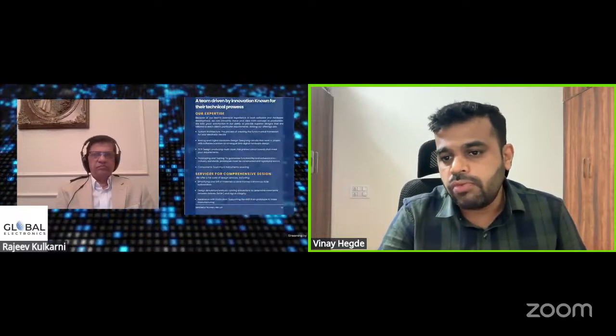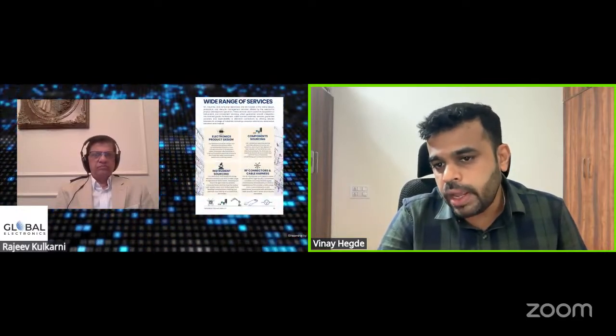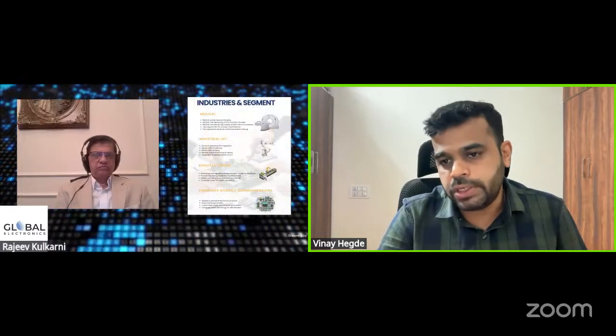We mainly work on embedded systems with respect to industrial automation. We don't work on SOC or FPGAs. We have the capability of building embedded systems for industrial automation, IoT, IIoT, remote monitoring devices, and sensor integrations. Very nice, excellent.